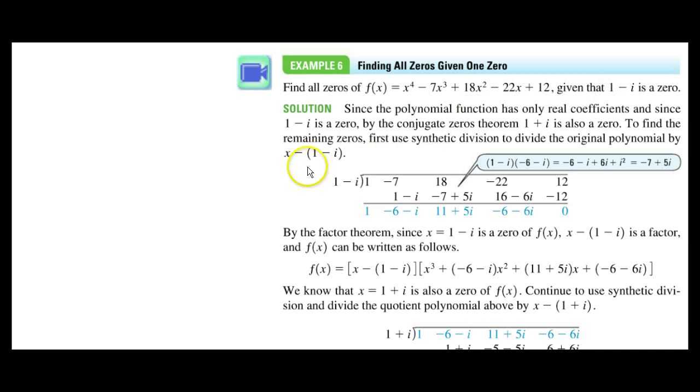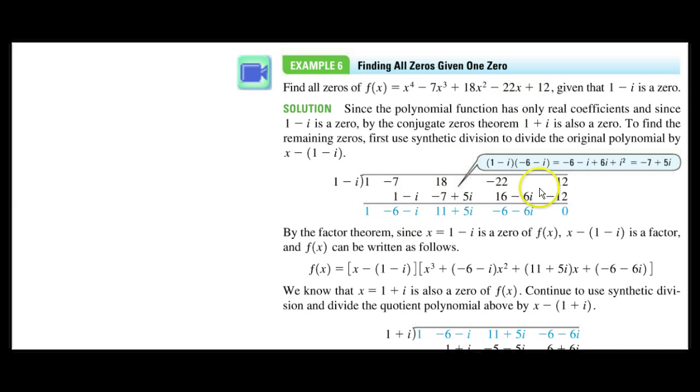So you're going to put that as one of the factors, and remember its opposite sign, but since it's x minus k, then our k value is this, and we're going to use synthetic division to start us through.